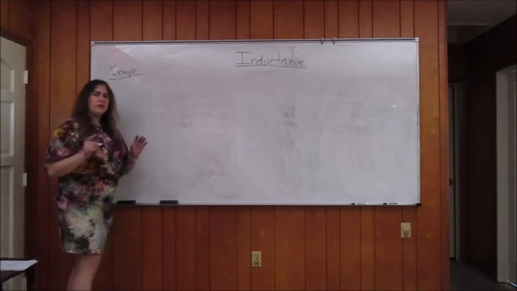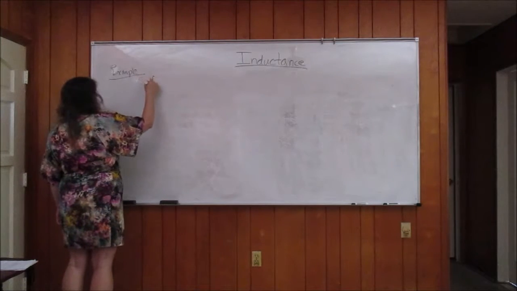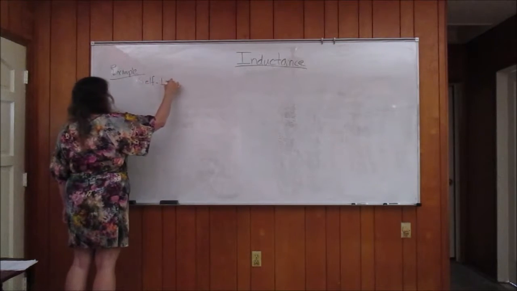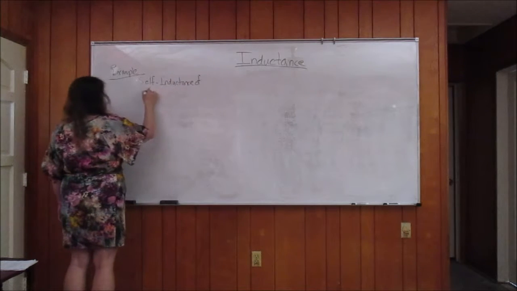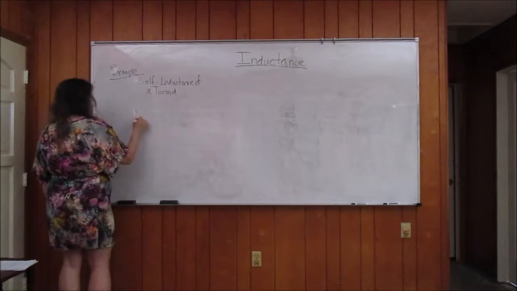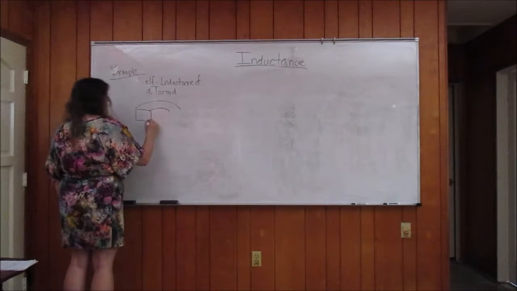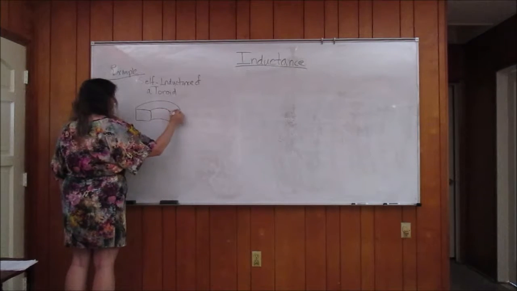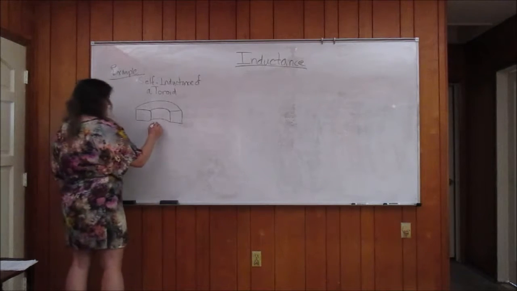Now let's consider the self-inductance of a toroid. And we'll treat one that has a rectangular cross-section.